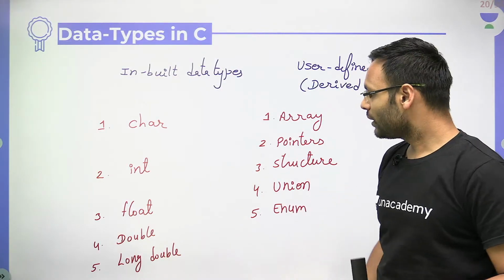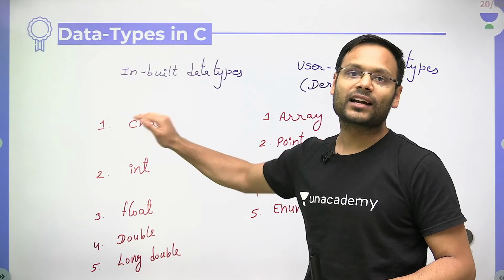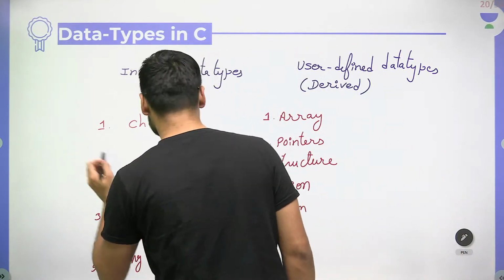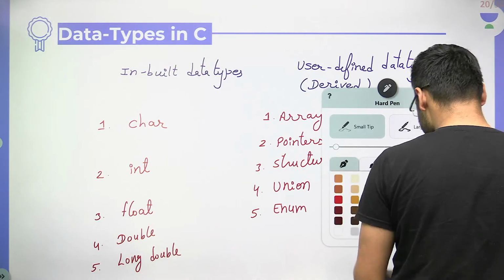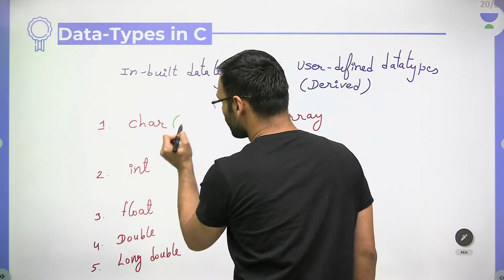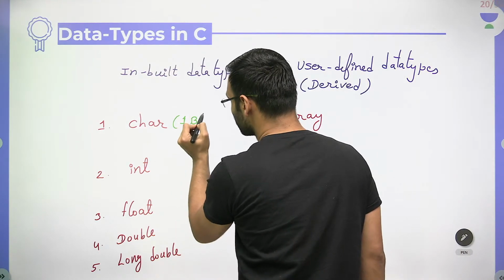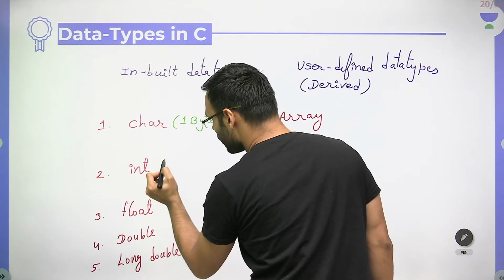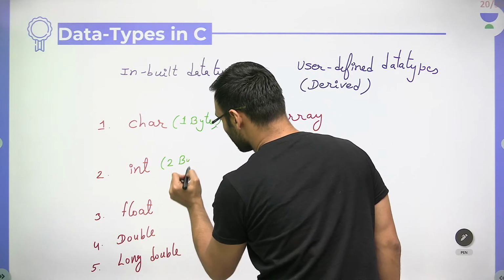What is the size of each character value in C language? Each character value is 1 byte. Each integer value is 2 bytes in general.